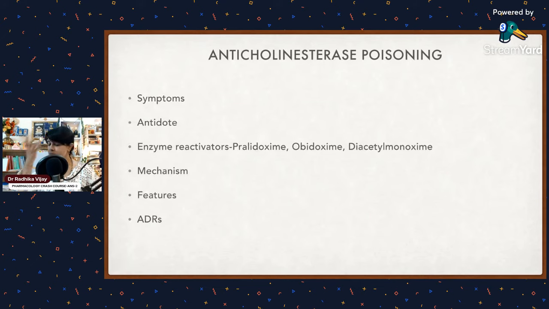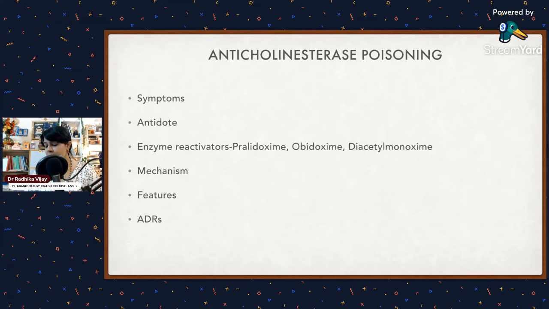What is the reason? The indications of oximes are muscle weakness and respiratory depression. So what happens in carbamate poisoning, why are they contraindicated? The site on which the oximes bind and reactivate the enzyme is known as the anionic site. That site is not free in carbamate poisoning, but it is free in organophosphate poisoning.